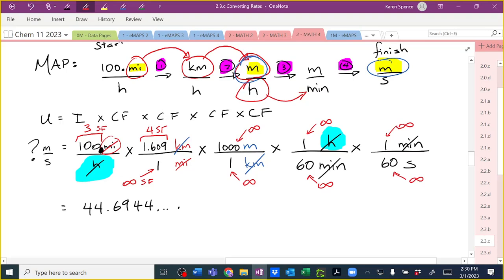So we really have not very many sig figs that actually matter, because all the infinite ones, we can just ignore them. And we are down to the 3 sig figs and the 4 sig figs, which means we will round to 3 sig figs. 1, 2, 3. Look to the right, and that gives us 44.7.